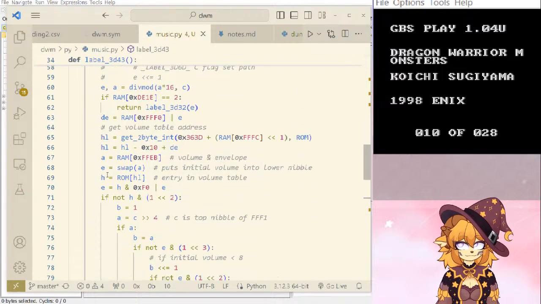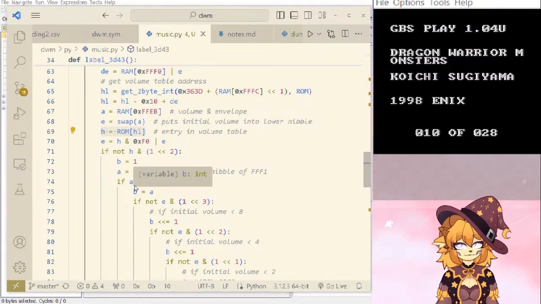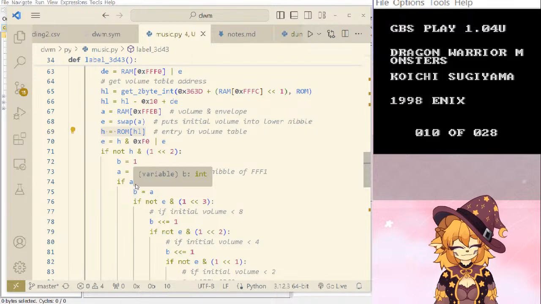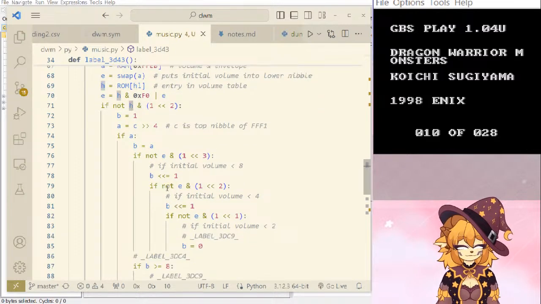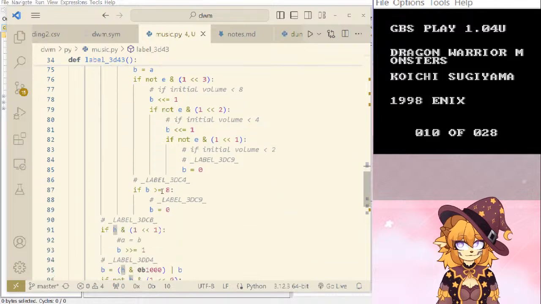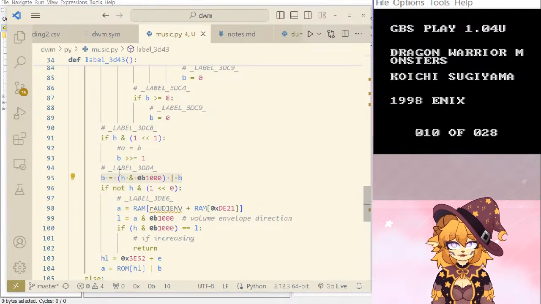Which was set here. Two, 1, and 0. Oh, it was here. This part. That was it.